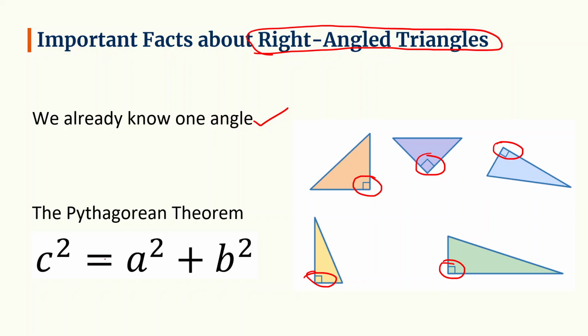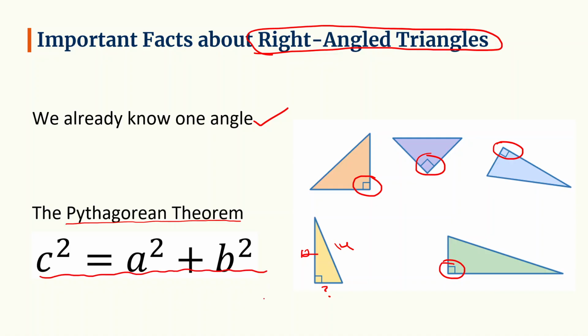The other thing that makes right-angled triangles very special is that there is a relationship between the side lengths called the Pythagorean theorem. You should know from previous grades that if I know 2 of the sides on a triangle, let's say I knew this side was 12 and this side was 14, then I could calculate the missing side using the Pythagorean theorem.